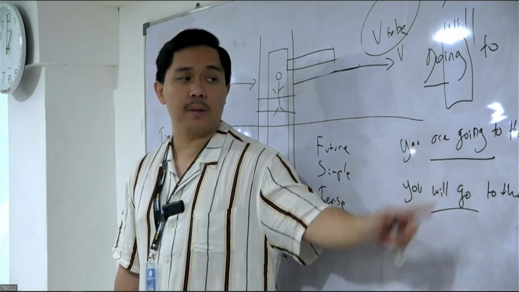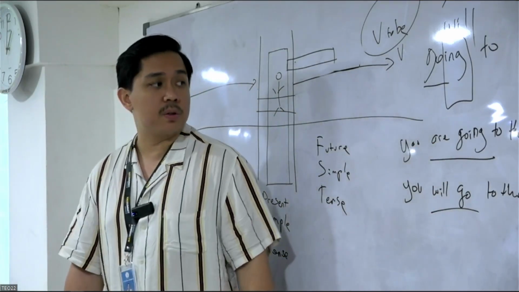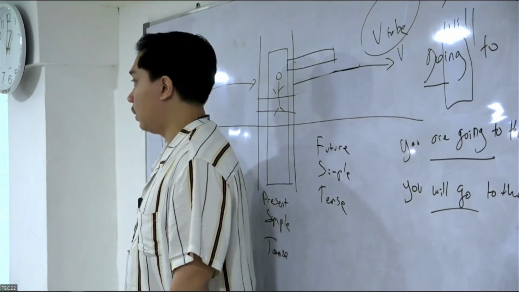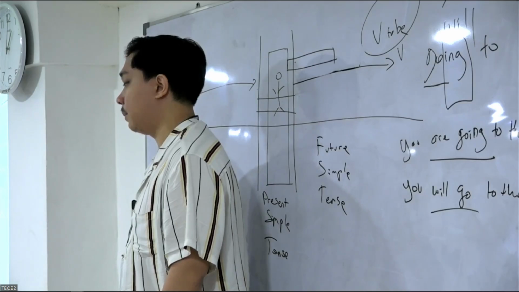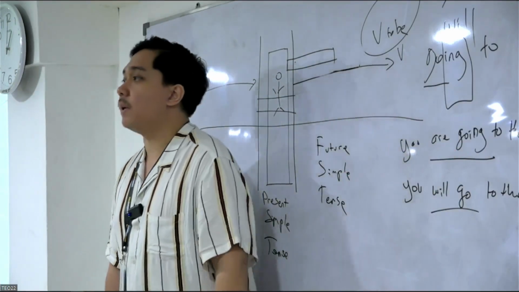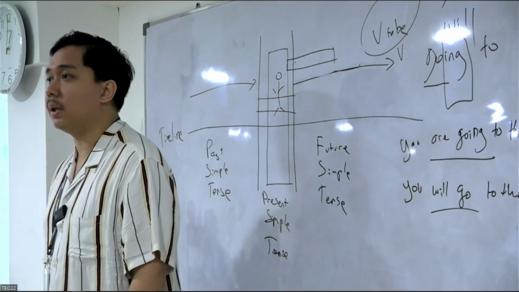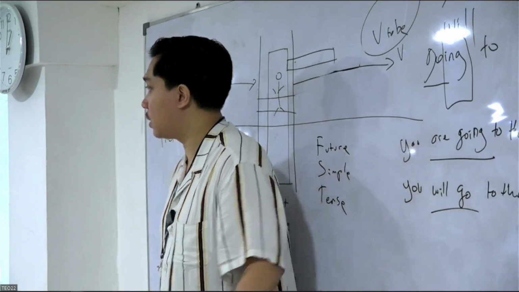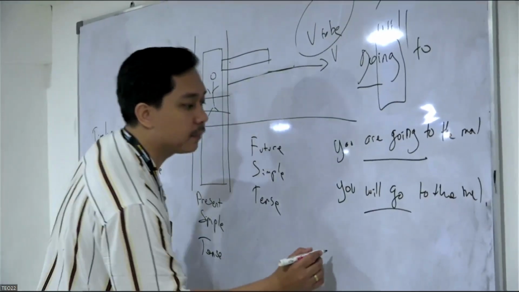Because there will be lots of confusion trying to use going to. "You are going to the mall" means there is an activity that you started, that you commit to. Something that has more assurance. And you will go to the mall. Another thing.